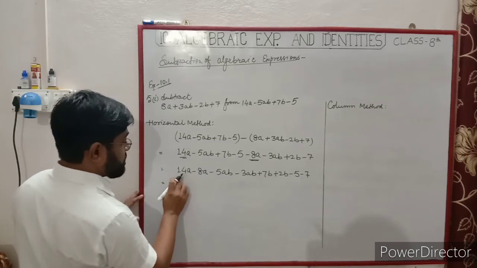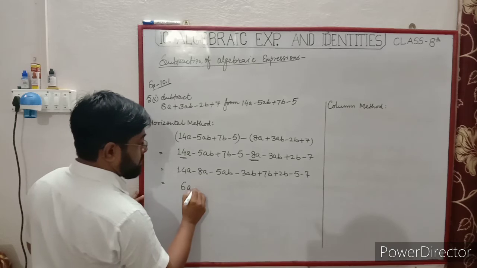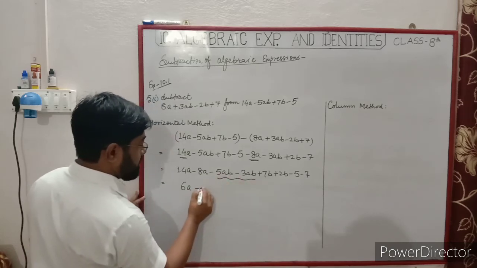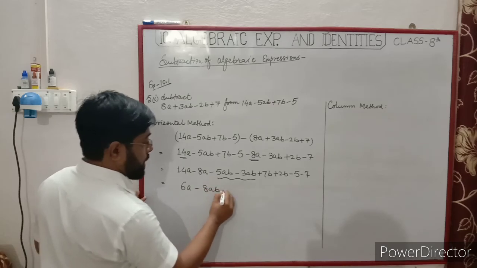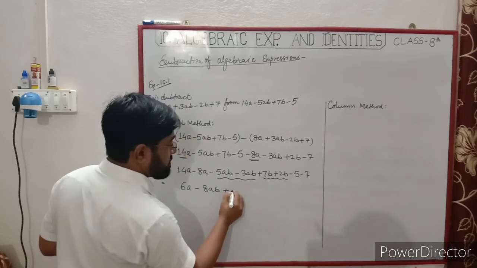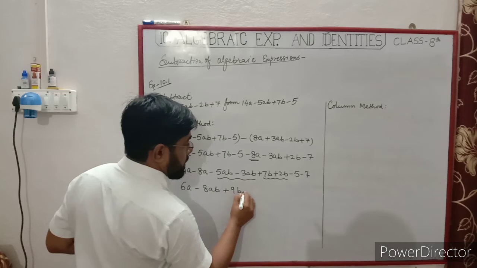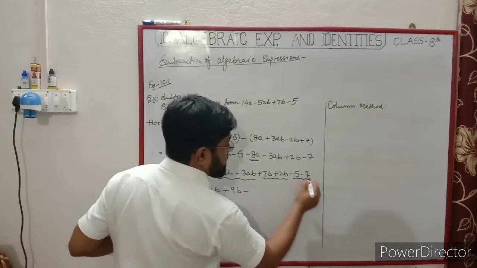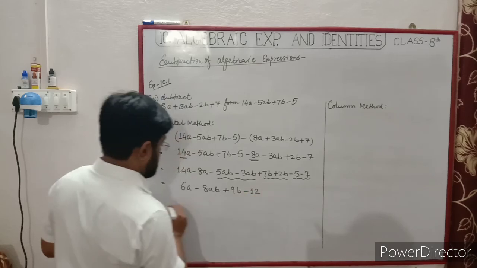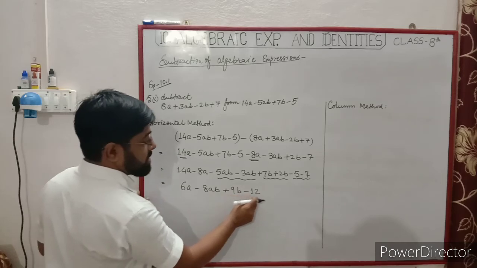Now 14a minus 8a becomes 6a, minus 5ab minus 3ab we have minus 8ab, plus 7b plus 2b we have 9b, minus 5 minus 7 we get minus 12. So the answer is 6a minus 8ab plus 9b minus 12.